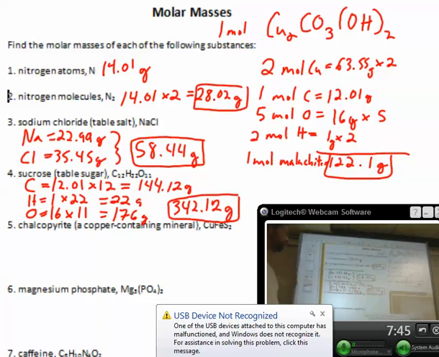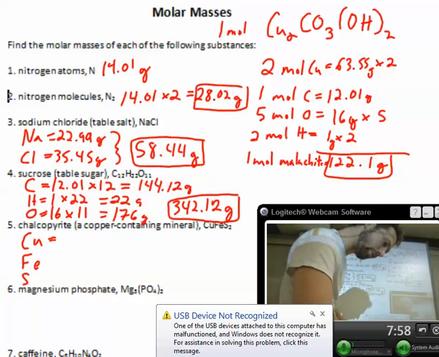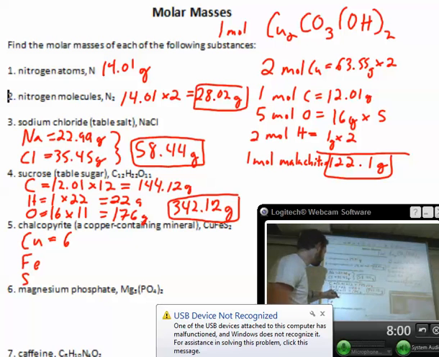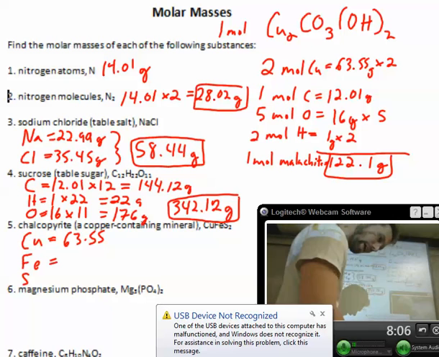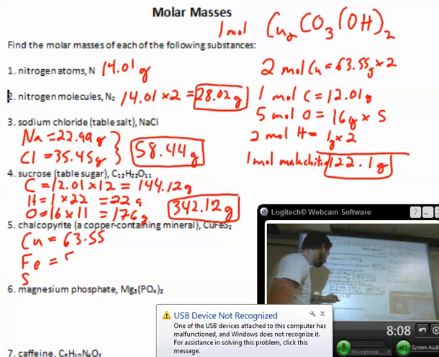Chalcopyrite, let's do one more, is a copper-containing mineral. It's copper, iron, and sulfur. There's 2 sulfur. Copper, again, we had copper before, is 63.55. Iron, take a look at iron, is 55.85.